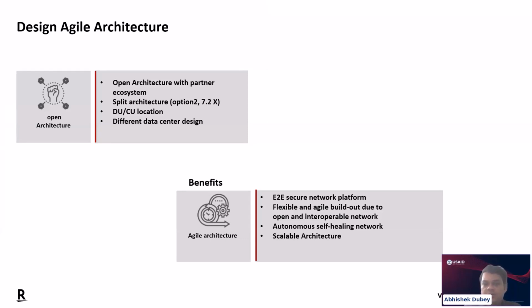Also, you need to plan very carefully, as I told you in the agenda slide, that the DU location is very important. Why? Because there are two options. First, you can put the DU on site, so the radio and DU are on site. And the second option is you can put the DU in a centralized location.